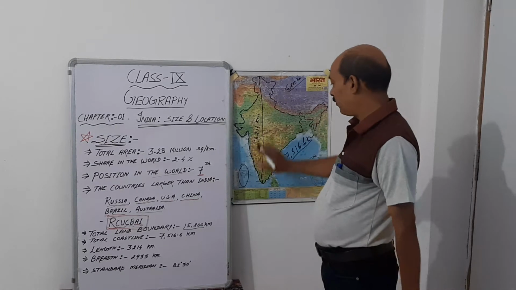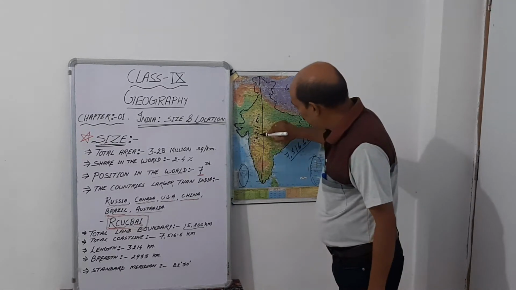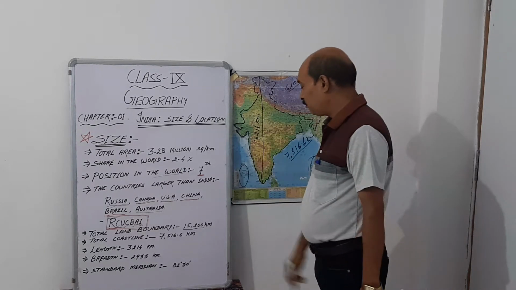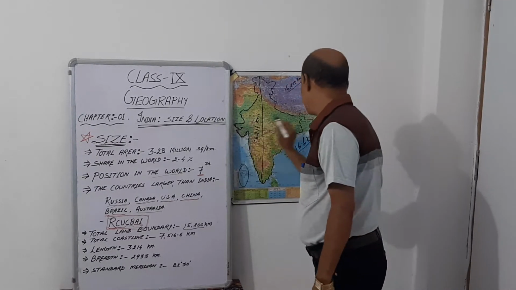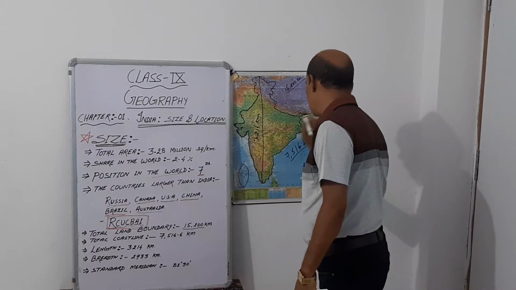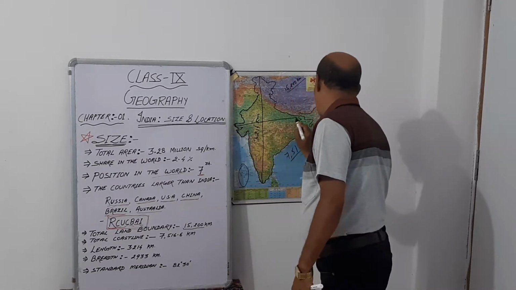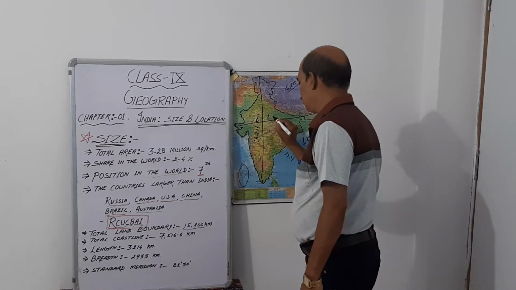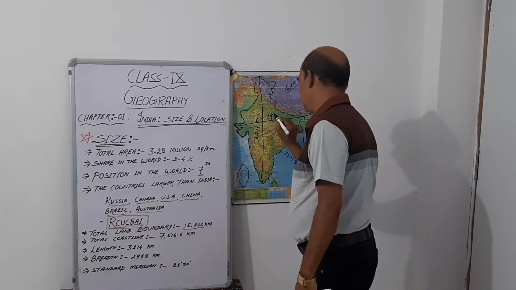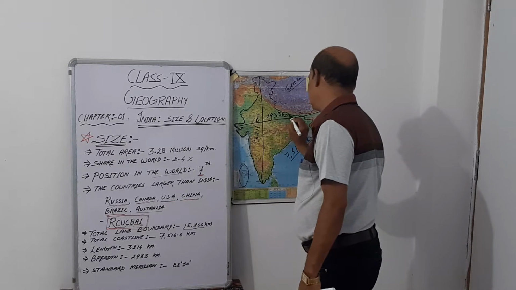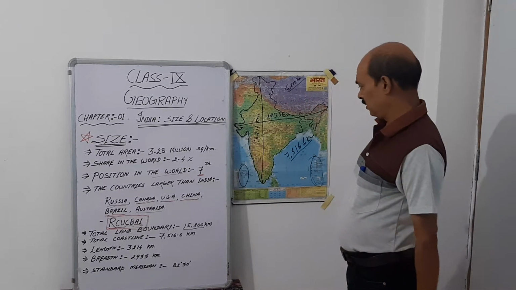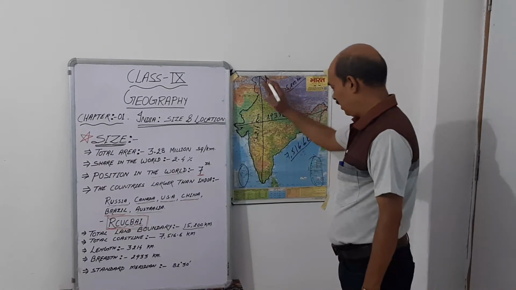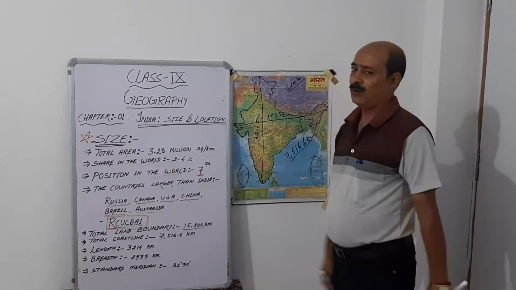And the breadth, west to east, that means Gujarat to Arunachal Pradesh, is 2,933 kilometers. So these are the length and breadth of our country.